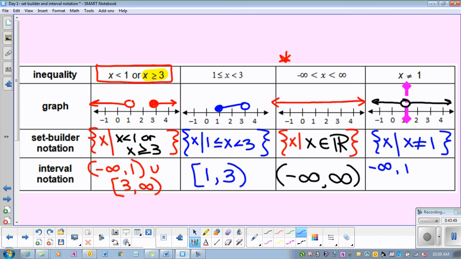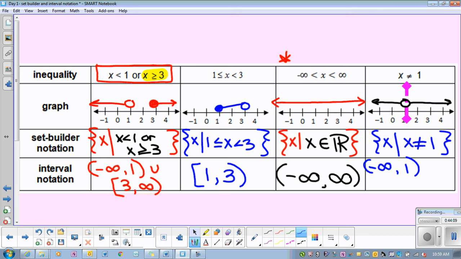Okay, we filled up our 2 slots. Tell me, what notation does negative infinity get? Parentheses or brackets? Parentheses. And then what about that 1? Parentheses, because it's an open circle, okay?